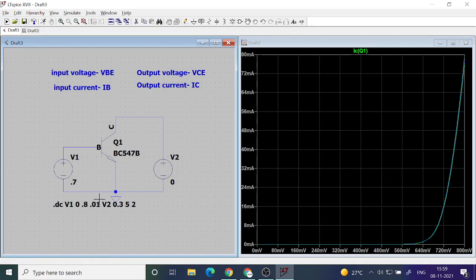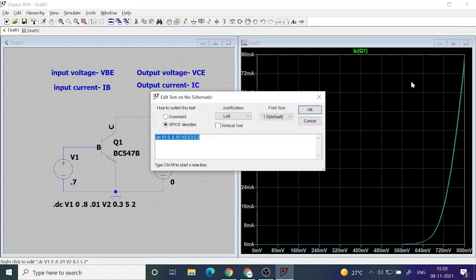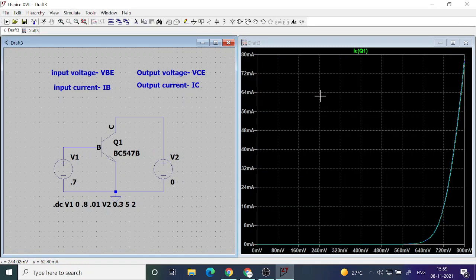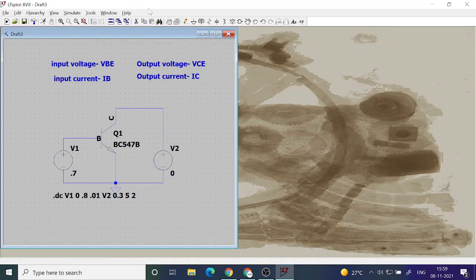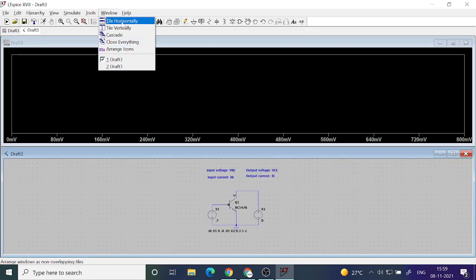Now if you repeat what we did for input characteristics, which I can do now, all I need to do is basically measure this current instead of the collector current. So let me just close it, run it again, and measure IB instead of IC.